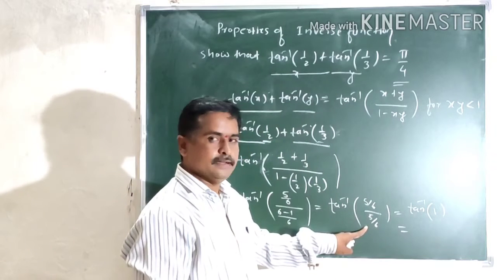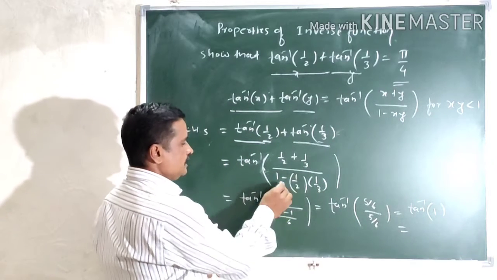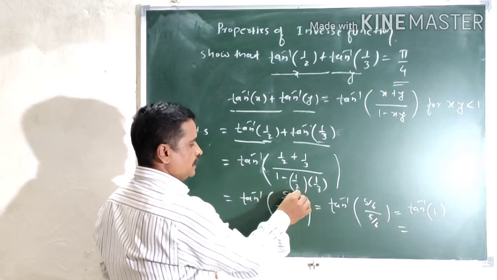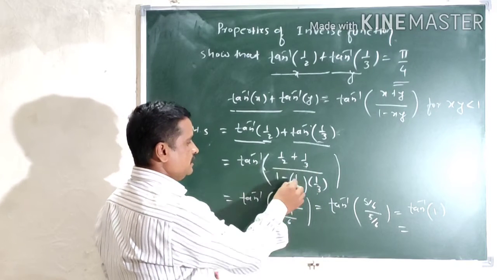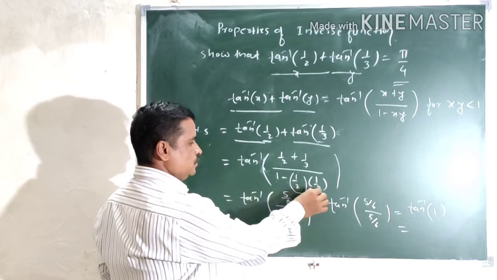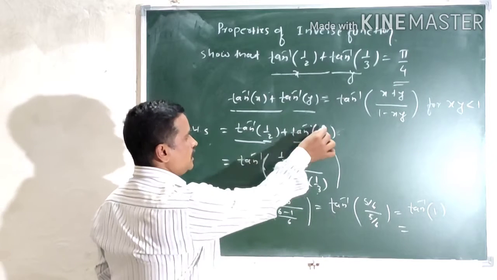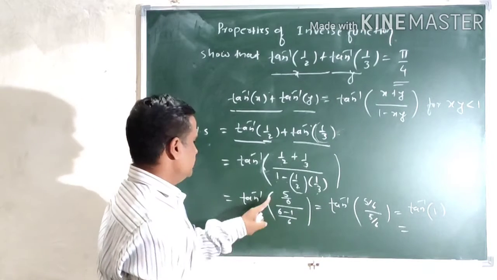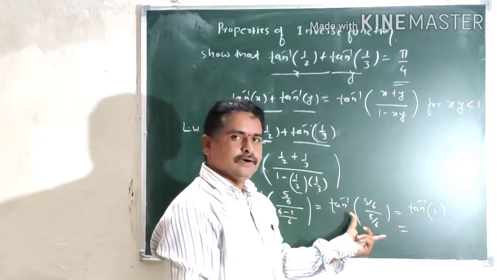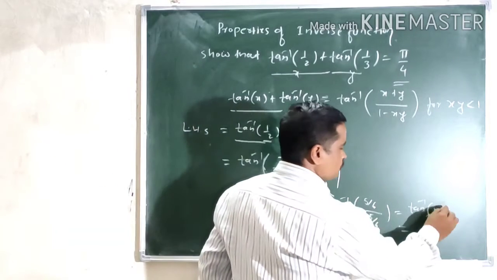Here x is 1/2 and y is 1/3, and we used x plus y by 1 minus x into y.